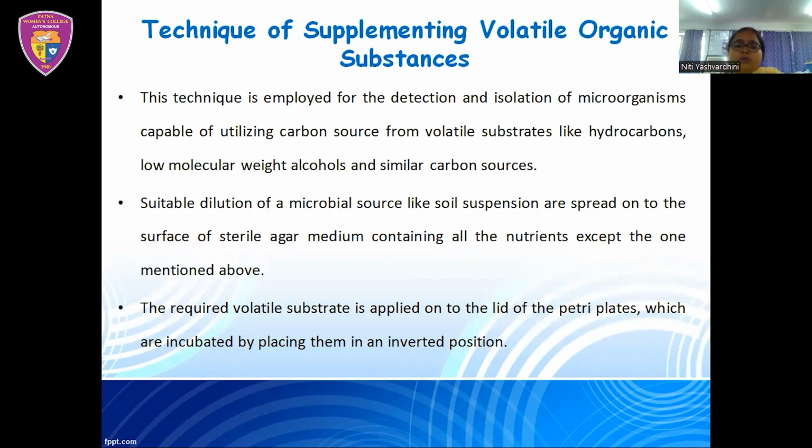Here, microorganisms which are able to utilize carbon from volatile substrates like hydrocarbons, low molecular weight alcohols, or other carbon sources can be selected out from the mixture of microorganisms. So these are the five techniques used in primary screening of microorganisms. After using any of these, we can go for the secondary screening, that is, we can detect what amount of the product the microorganism is able to produce. Thank you all.